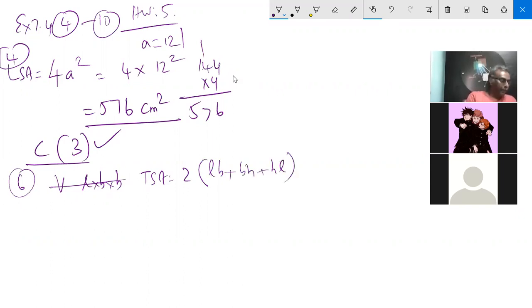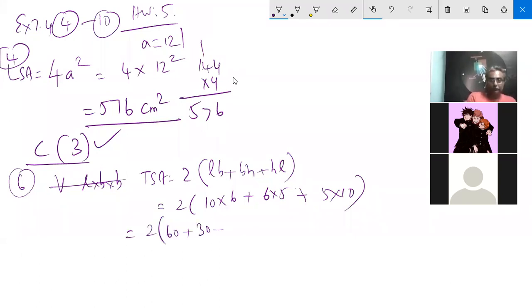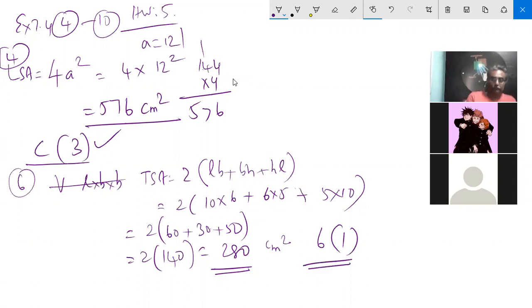Total surface area of the cuboid is 2 into (10 into 6 plus 6 into 5 plus 5 into 10). 2 into (60 plus 30 plus 50). 60 plus 30 is how much? 90 plus 50 is 140, into 2 is 280. 280 centimeters square. Answer is there? Yes, sixth sum, choice 1.